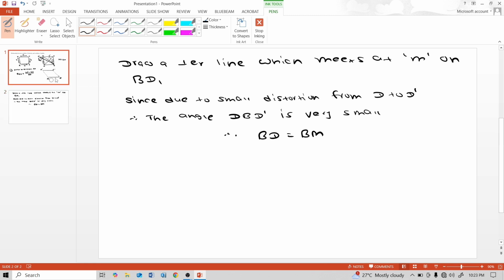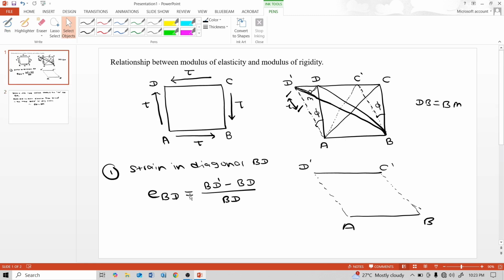Now see, strain EBD is equal to BD dash minus BD upon BD.